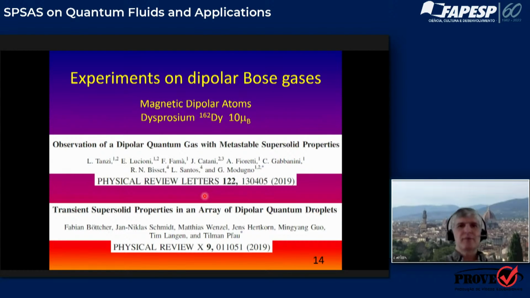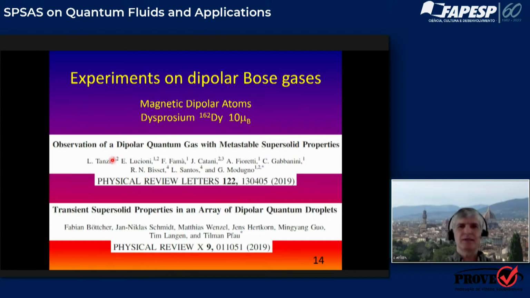So as you may be aware, there are now 3 groups in Europe which have claimed to observe supersolidity in magnetic dipolar systems. 2 of those are in dysprosium-162, which has roughly 10 Bohr magnetons of magnetic moment.